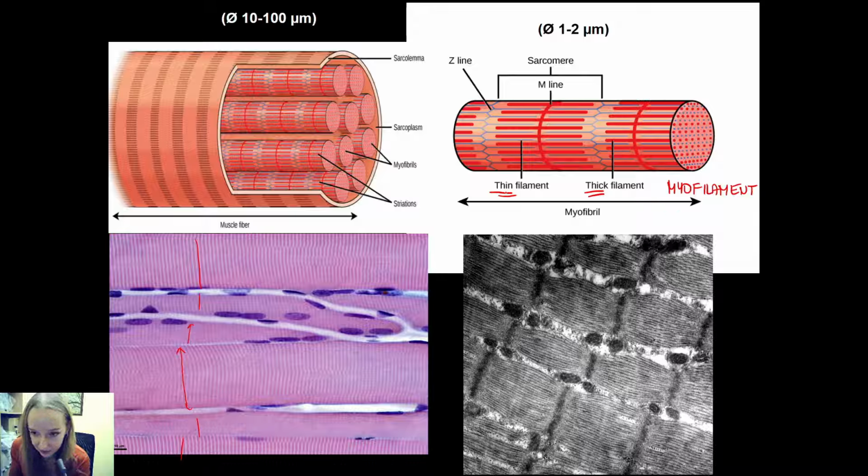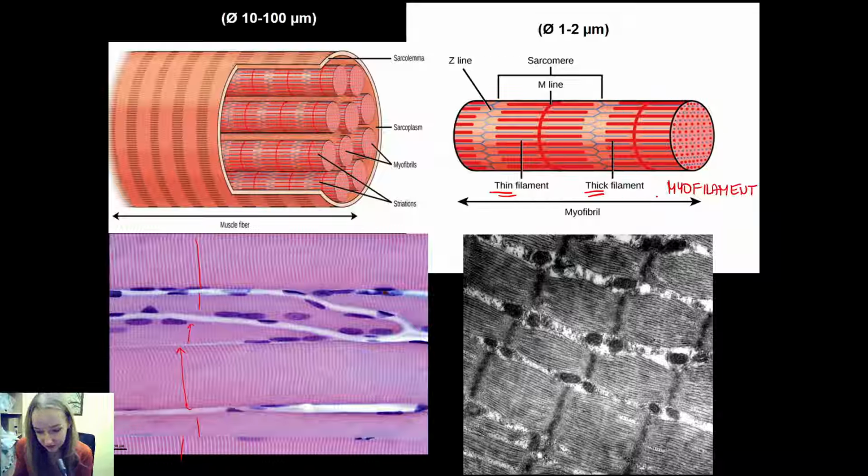The thin filaments are very similar to the microfilaments that you already know. They have some stabilizing proteins on them, but they are just microfilaments. And thick filaments are different. They are very special for muscle tissue, and they are made of myosin molecules. I'm going to explain that later.